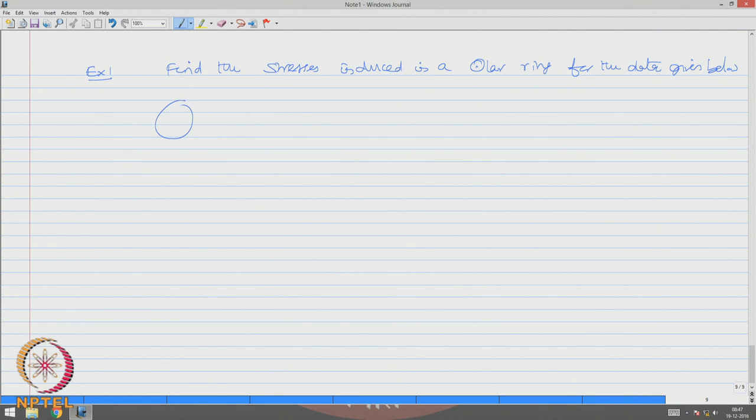It has a circular cross section. The diameter is 20, subjected to a load P, which is 5 kilonewton, and the inner dia of the ring is 100 mm.